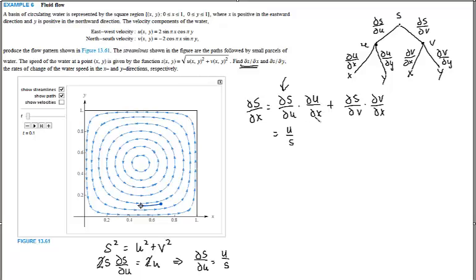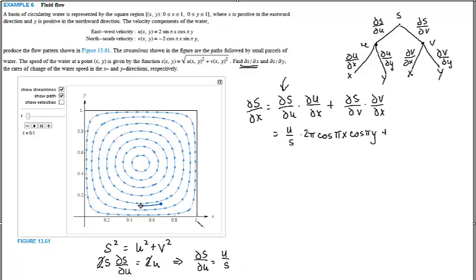Then I will take the derivative of u with respect to x, and I can do that here, treating the y as a constant. That is going to be, it looks like, 2 pi cosine pi x, and then just times that cosine pi y. And then plus, I'm going to do a similar thing with the v, and I would get a very similar answer.